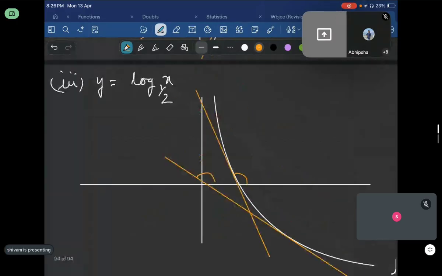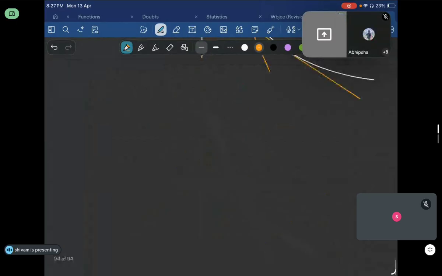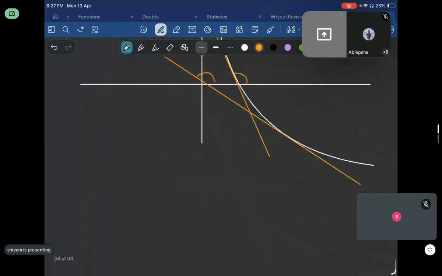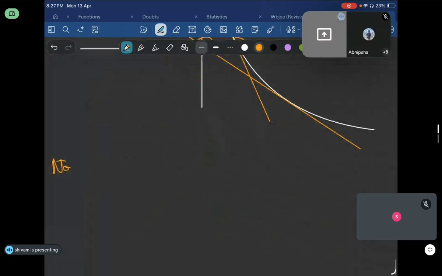Yes, sir. Note it down. Just now we learned that if f dash x is greater than or equal to 0, or f dash x is less than or equal to 0, the function is one-one.